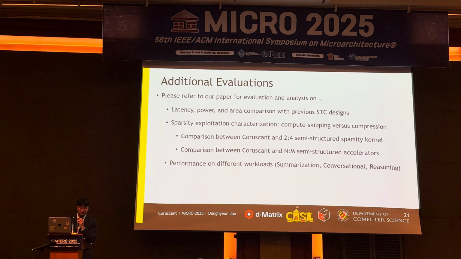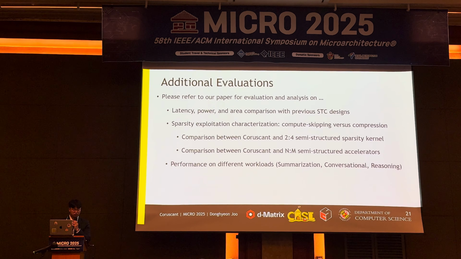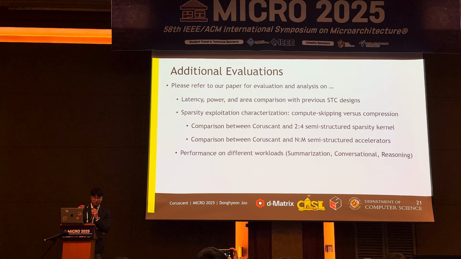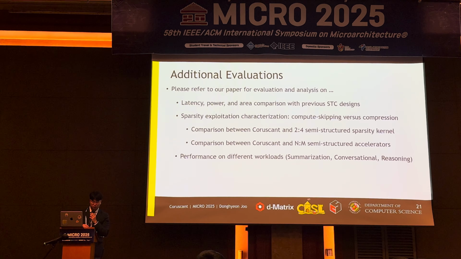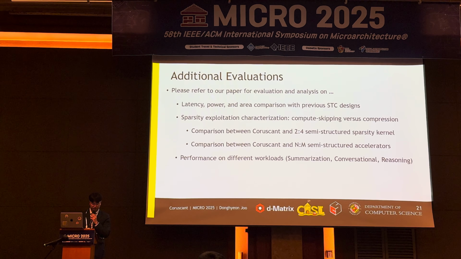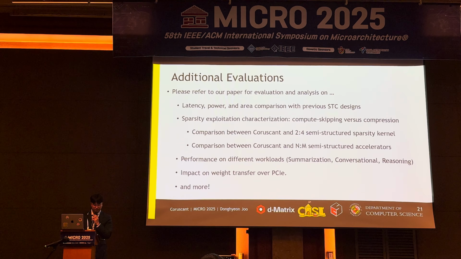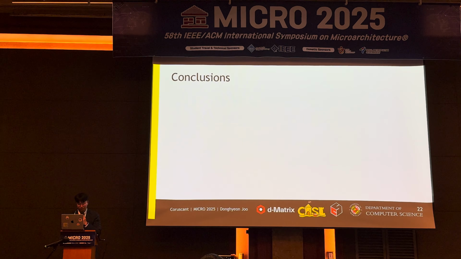We also do performance on different workloads, mainly summarization, conversational, and reasoning, which differs in terms of input to output token ratio, so larger prefill versus larger decode. And also the impact of compressing the weight transfer over the PCI Express, and more.